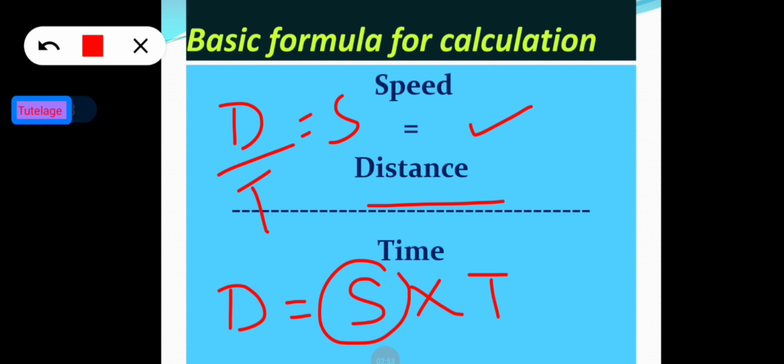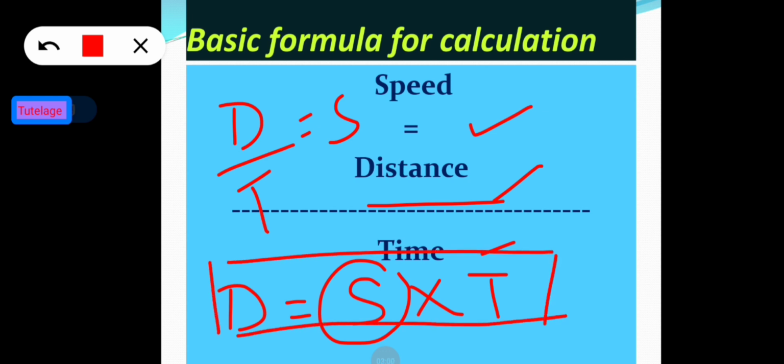Speed is equal to distance by time. This is the basic relationship between distance, speed and time, because distance is equal to speed into time, so speed equals distance by time, and time equals distance by speed.